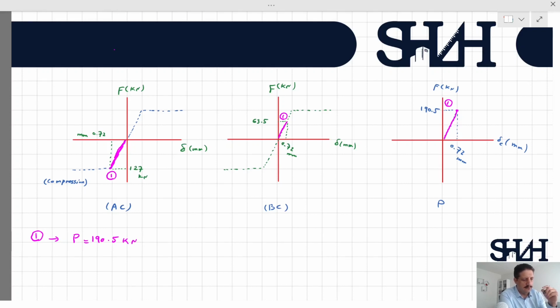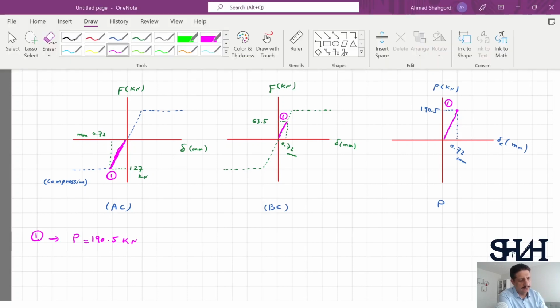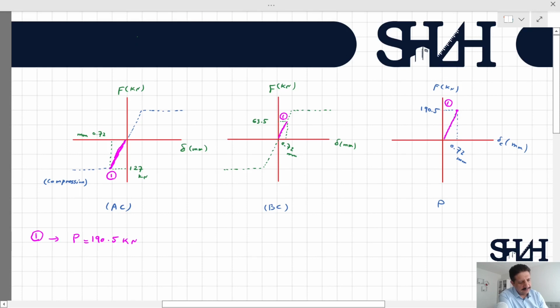Now we can increase the load by 63.5 until it becomes the yielding force of the system. It means that we have only capacity to increase the load in the BC element here.